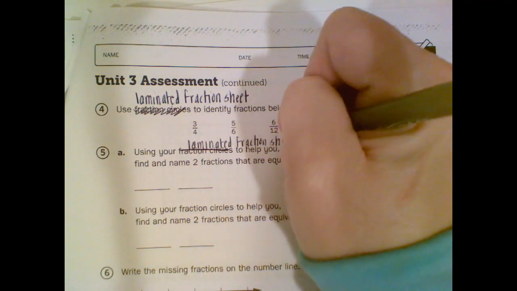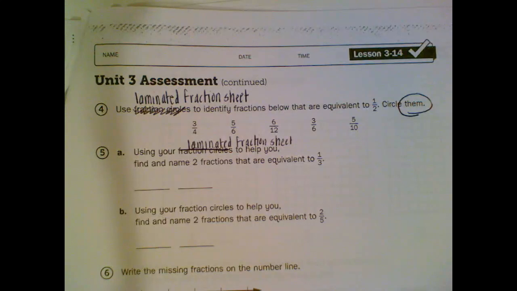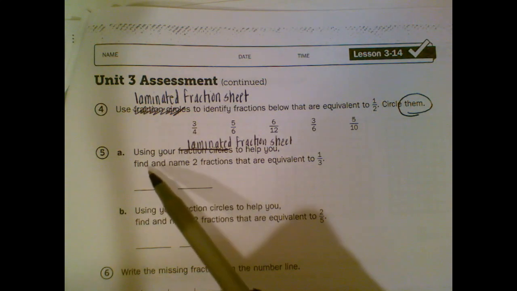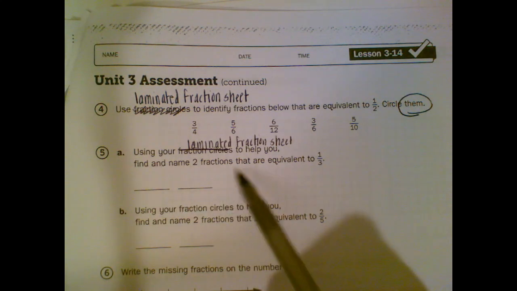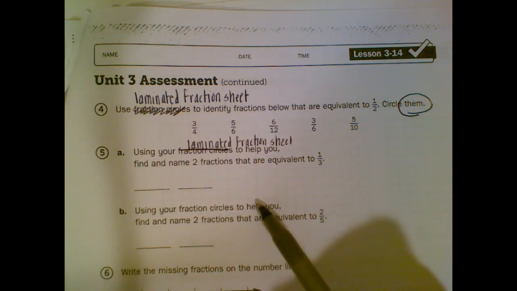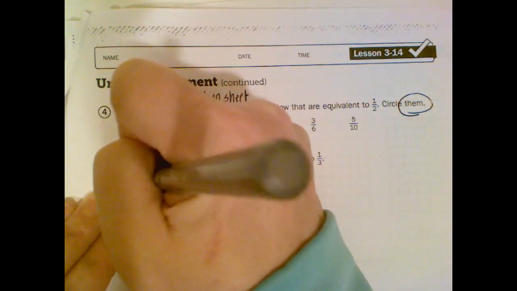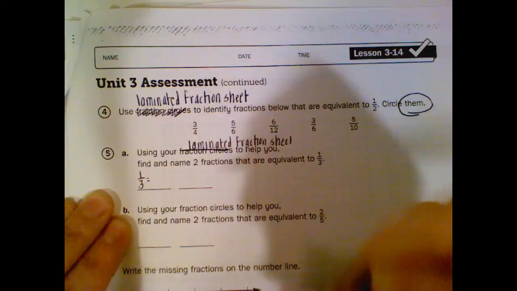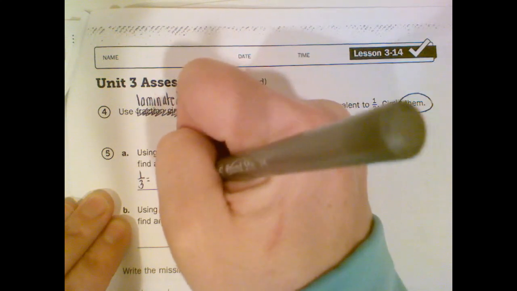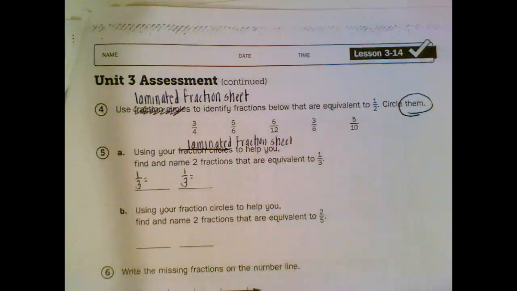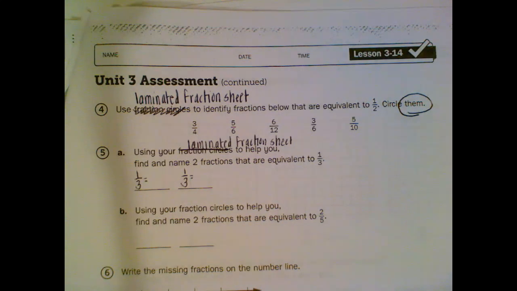Now, I'm going to be honest, I don't even think you kids need to use a laminated fraction sheet because what you're going to do is find and name 2 fractions that are equivalent to 1/3. So why don't you put right here 1/3 equals and then 1/3 equals. And I cannot remind you how to find equivalent fractions. You should know how to do that on your own, okay?